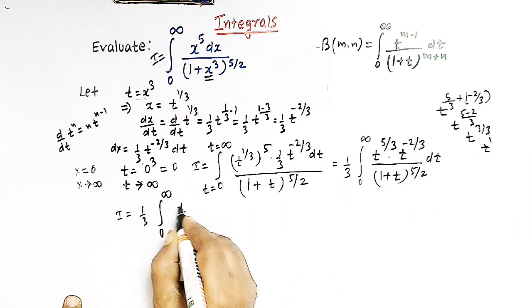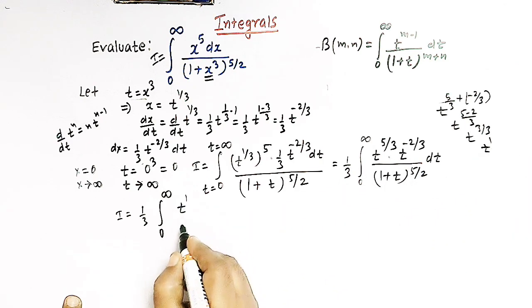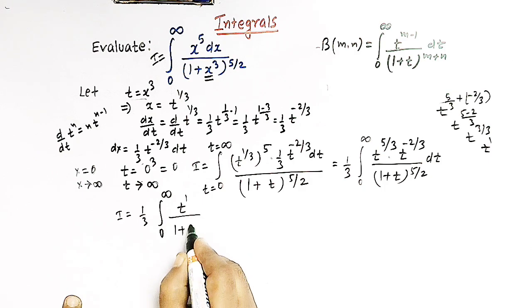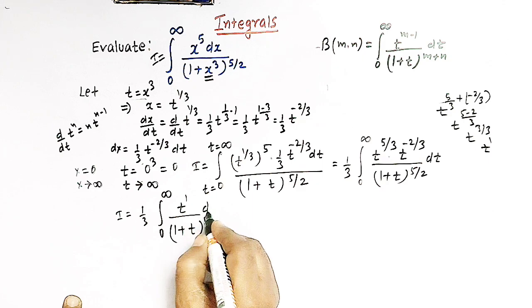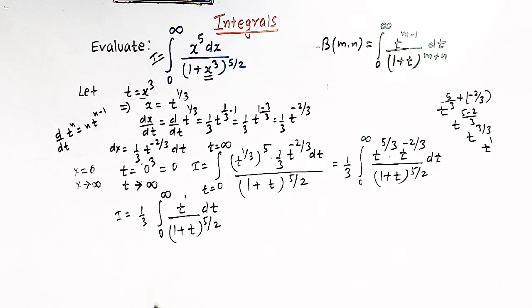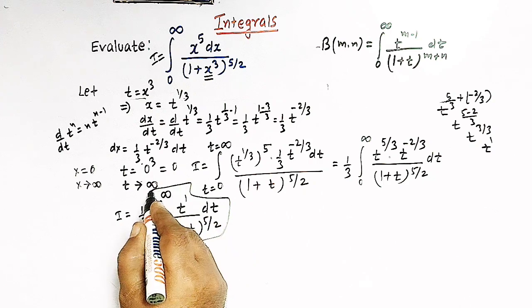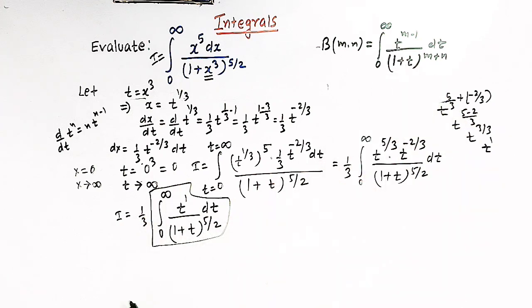So in the numerator we have t raised to 1, and here we have 1 plus t raised to 5 over 2 dt. So now let us compare this integral with this one, right?